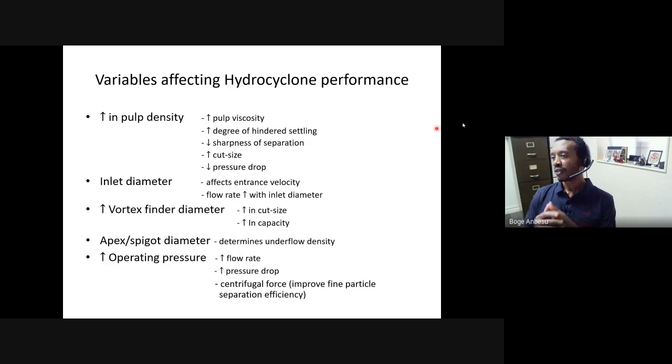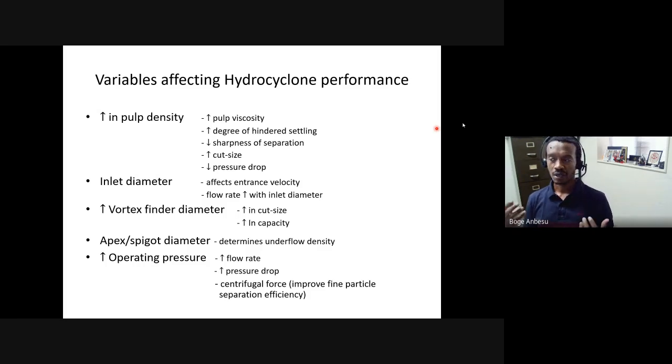Okay, so these are some of the things maybe you can keep an eye on. As I said earlier, if you're keen to optimize performance of a cyclone, maybe you can start with changing the density of the feed. For example, if I increase density of the feed, which means I'm putting more solids per volume, I should easily increase the pulp viscosity.